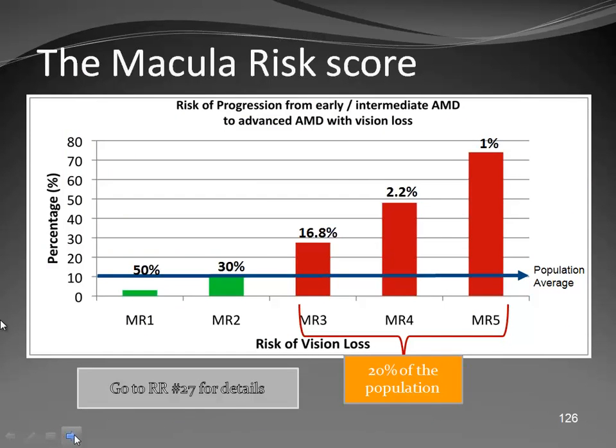Well, when you get the results back, patient falls into one of 5 categories: macular risk 1, macular risk 2, macular risk 3, macular risk 4, macular risk 5. Normal risk is at a 10% level. So if you look at the entire Caucasian population, about 10% will develop macular degeneration. So that's fairly typical for macular risk 1. Our patient, our optometrist friend, is actually in macular risk 1.